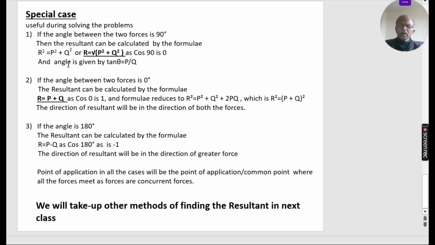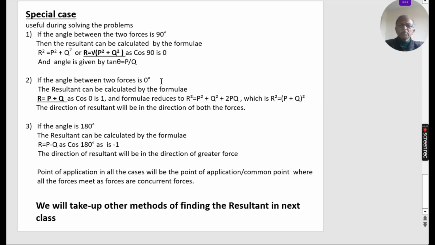Since the angle is 90, cos 90 is 0. So the term 2PQ will become 0, and my problem will reduce to R is equal to under root P square plus Q square. Got it?